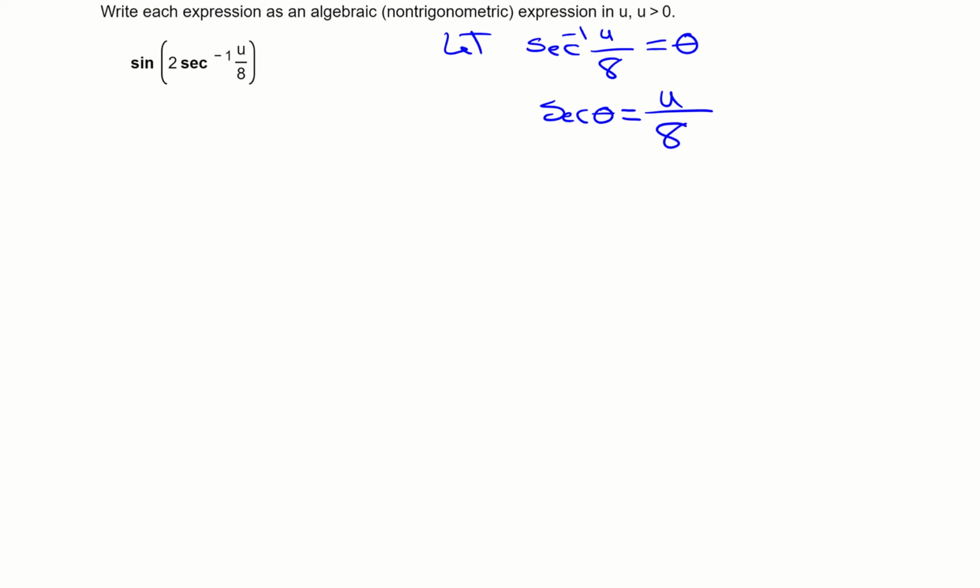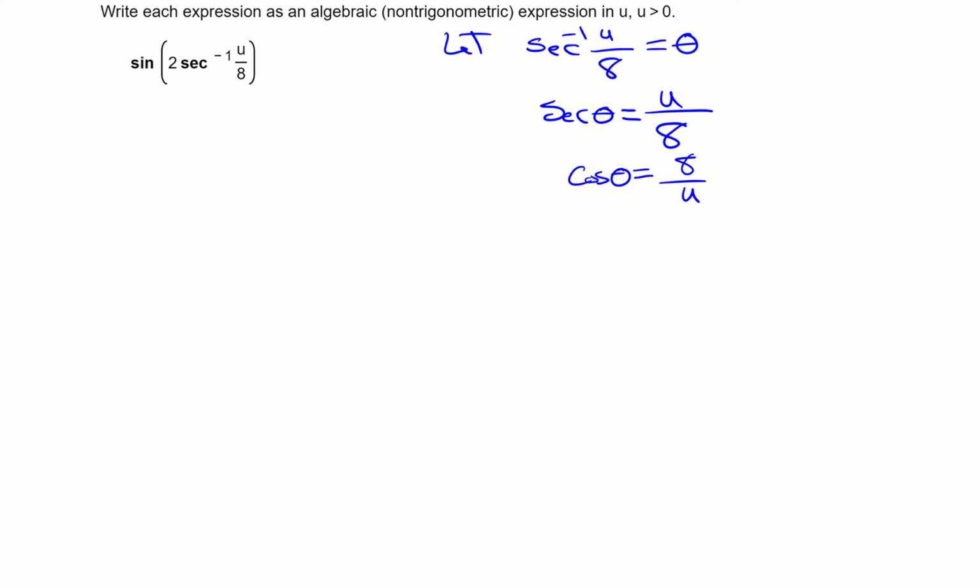That's just directly from what inverse functions mean. So it also means, if you're more comfortable working with cosines, that the cosine of theta is the reciprocal of that, 8 over u.